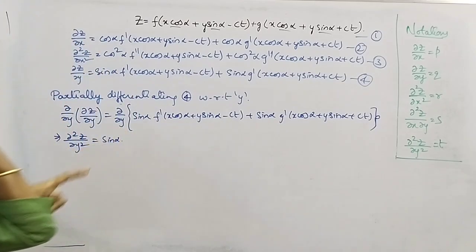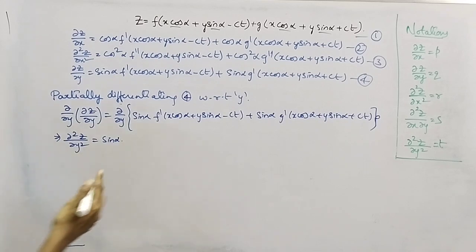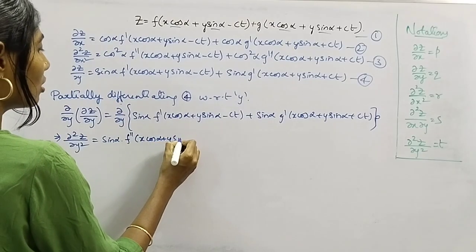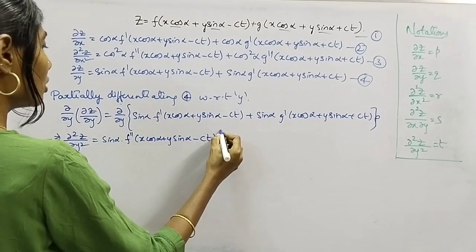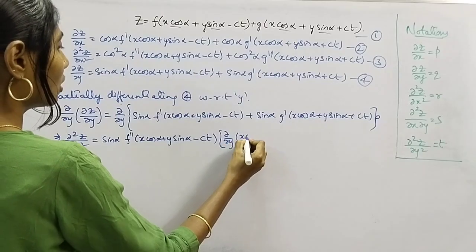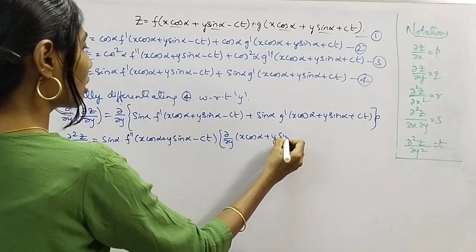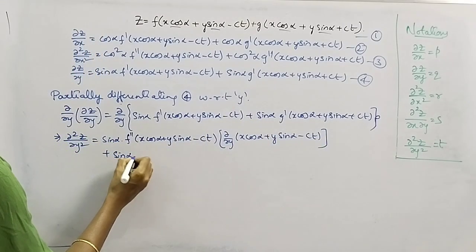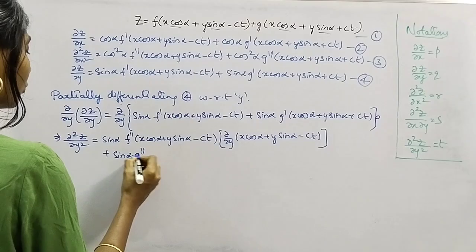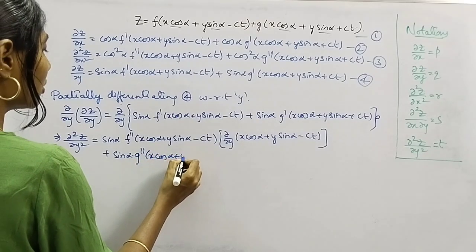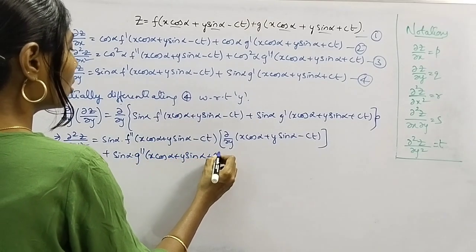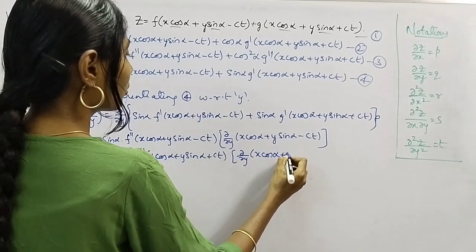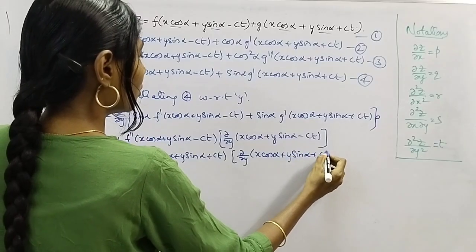Here we are partially differentiating with respect to y, so we'll get x and t as constants. We'll get f double dash of x cos alpha plus y sin alpha minus ct into inner derivative dou by dou y of x cos alpha plus y sin alpha minus ct, plus constant into partial derivative of g dash, which is g double dash of x cos alpha plus y sin alpha plus ct into inner derivative dou by dou y of x cos alpha plus y sin alpha plus ct.